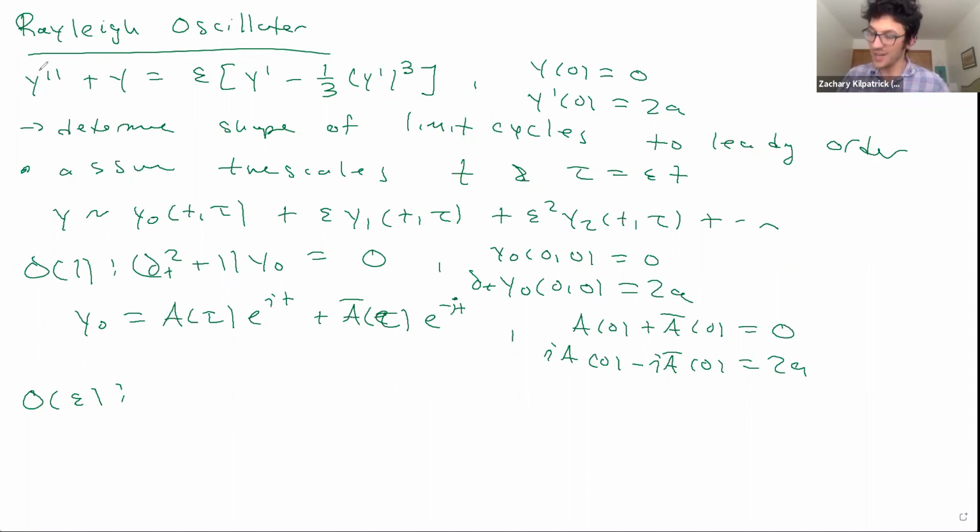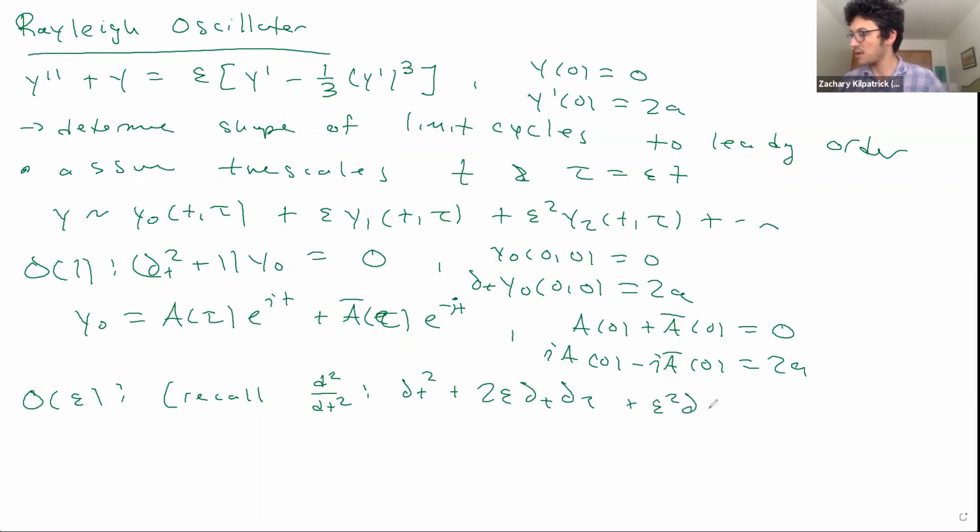But also remember, when we expand out these second order linear operators, recall that d dt squared is going to end up being dt squared plus 2 epsilon dt dtau plus epsilon squared d tau squared. So we're going to now involve this acting on y0.